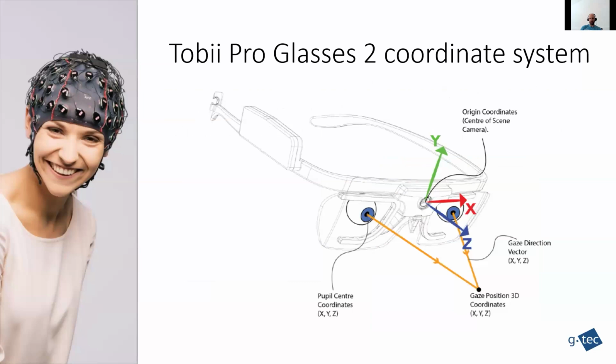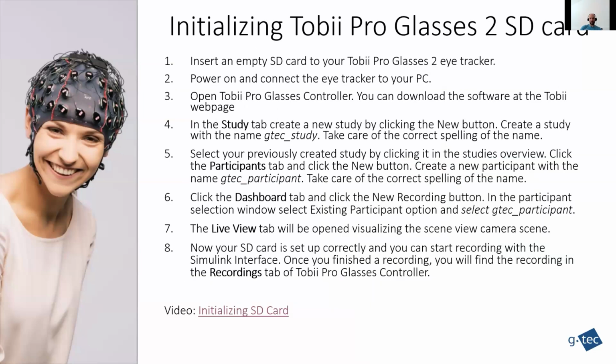We already talked about the coordinate system, so I'll pass by it. For the Tobii Pro Glasses, to make it work, you need to initialize the internal SD card. The Tobii Pro Glasses structures everything in studies and participants, so you need to initialize this study participant folder before you can use it.